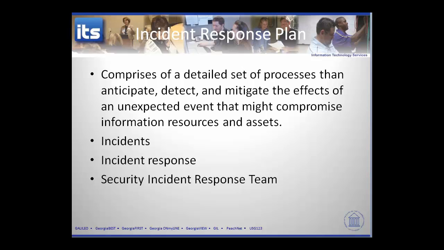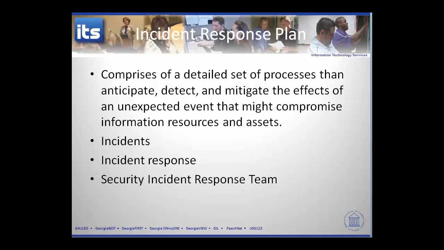As you're thinking about those, 3 of the higher level tasks are going to be coming up with a list of incidents and their probability of occurring, determining what your response would be to those particular incidents, and then looking at who would consist of that response team. So there were some implicit components there that we'll talk a little bit more about, but let me set the stage early on.